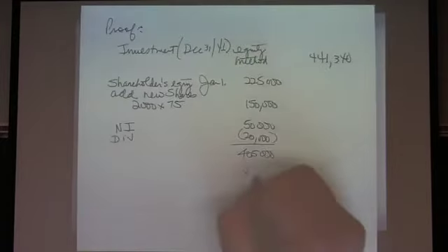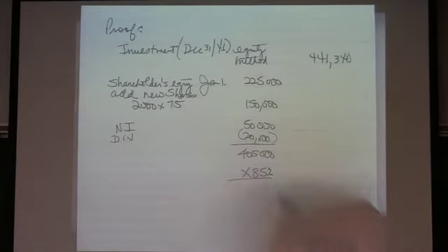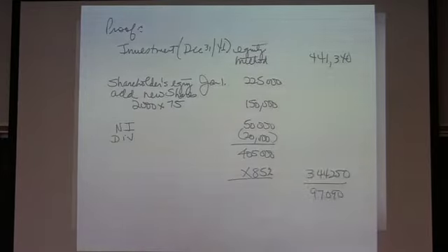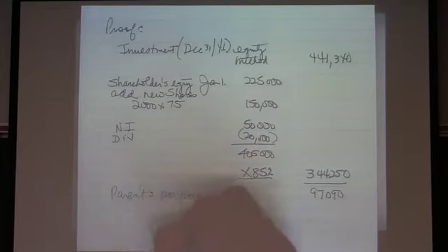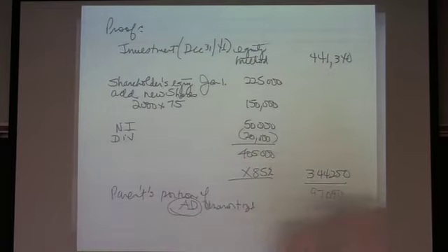Now we own 85% of that to give us 344,250. That difference of 97,090 should be the parent's portion of the unamortized AD. Now, is that correct? Let's take a look.